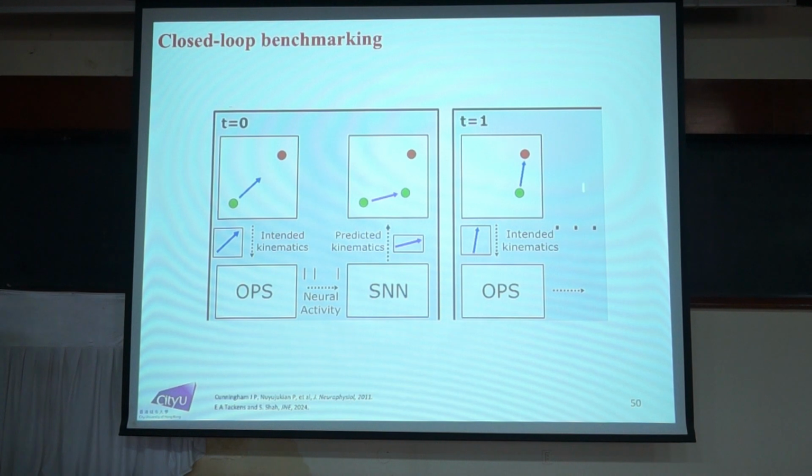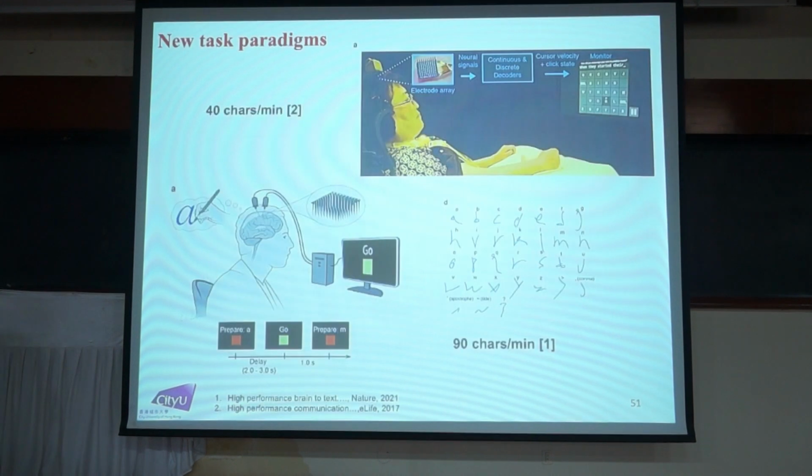So now you can pass this new vector into the brain model to generate a new set of spikes, which will go into the SNN, and the whole system will continue till you converge. The advantage here is that you are actually mimicking a closed loop system. And so I believe this will be a much better benchmark than the earlier one. So we are currently integrating this into NeuroBench version 2.